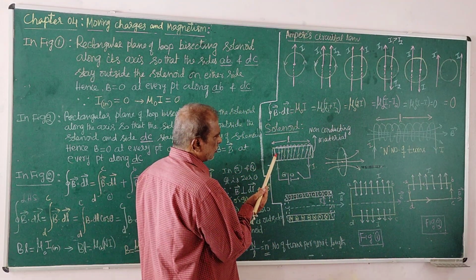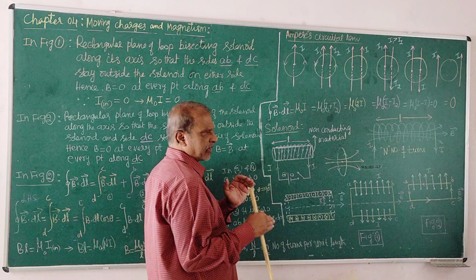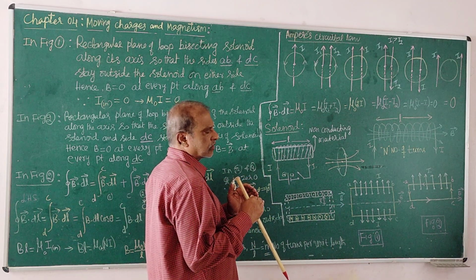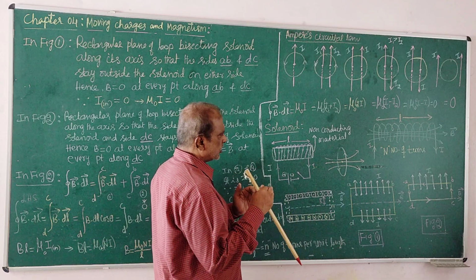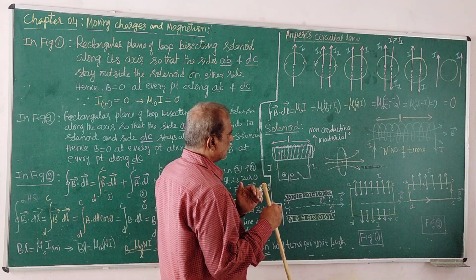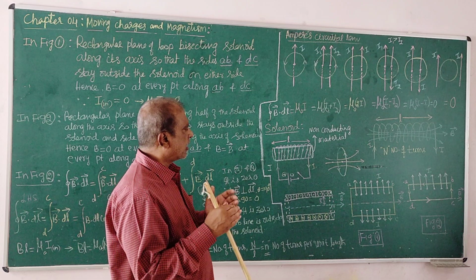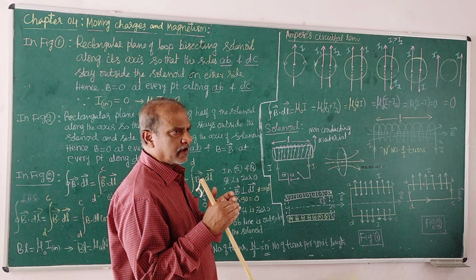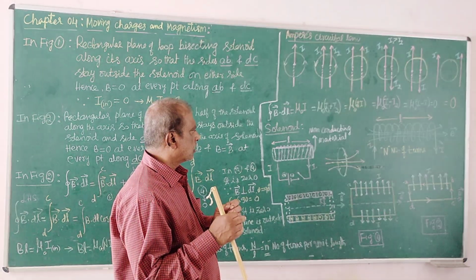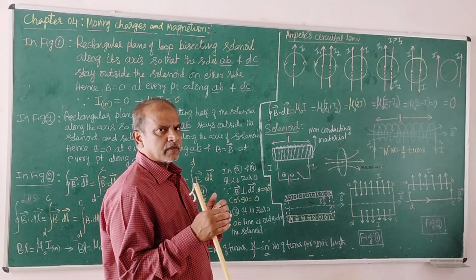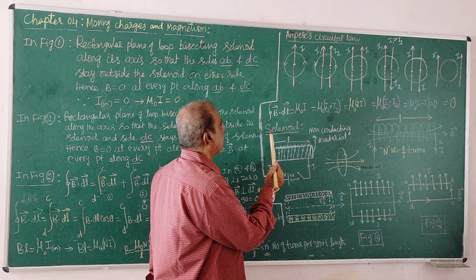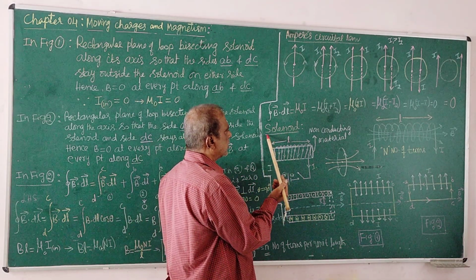If you do so, that is, wrapping the wire tightly around the cylindrical material in a spiral pattern, that produces or creates a coil. That coil is known as a solenoid.